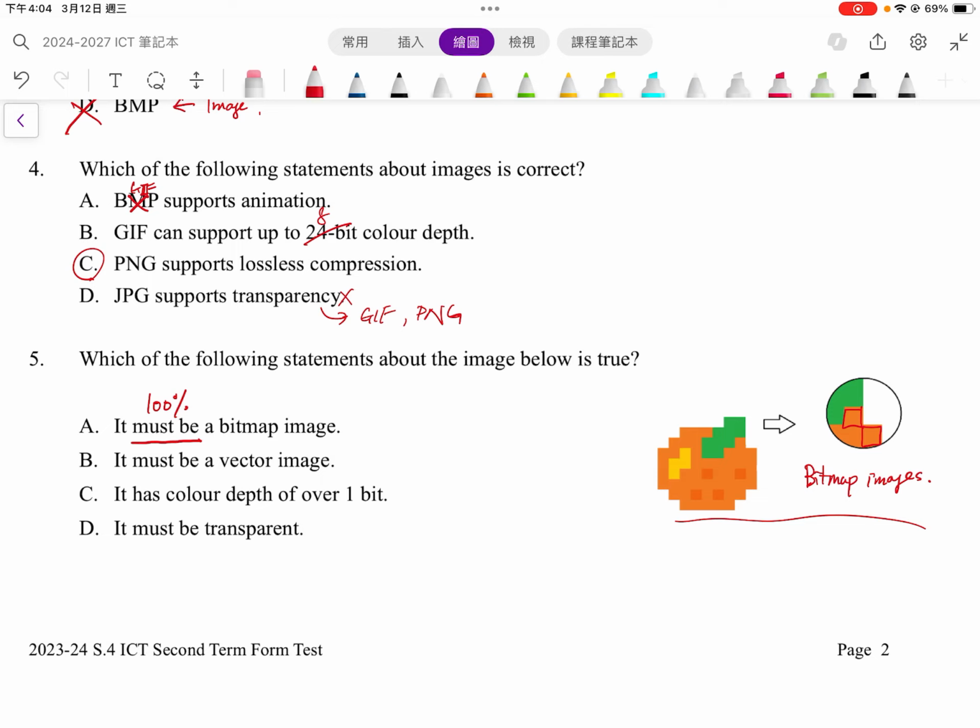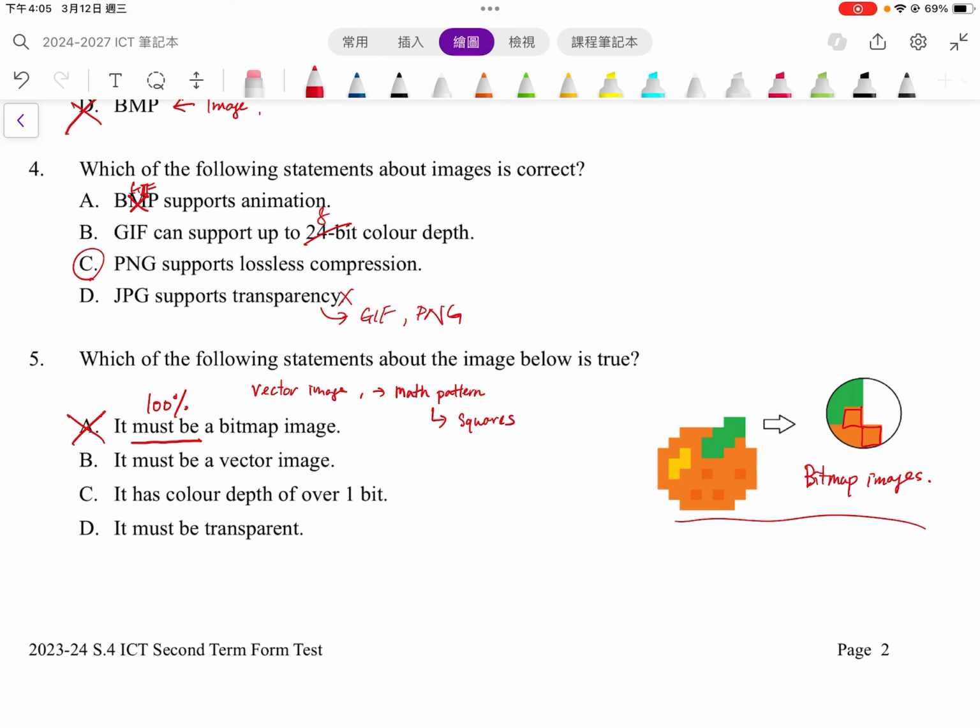In this case, I cannot say 100% sure, because for a vector image, if you still remember, it is a kind of using mask patterns to make the images, okay? So here, the mask patterns include squares. So you cannot say that because you can see big squares, it is a bitmap. Because for a vector image, you can also create square pictures. So A is not right.